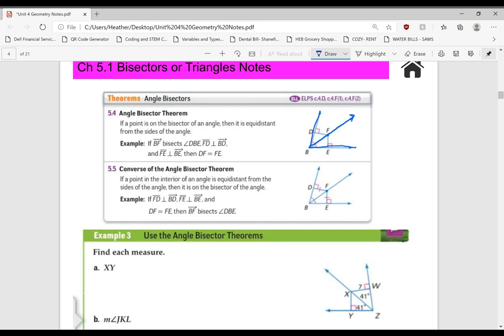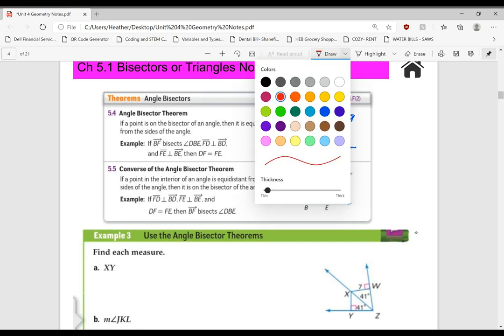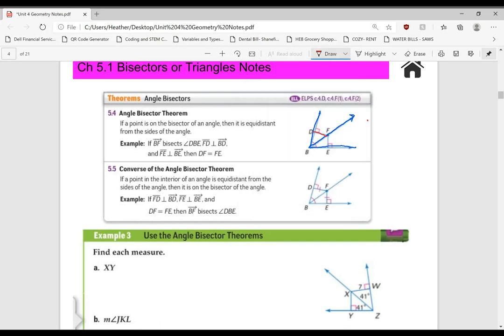This means that FD right here is perpendicular to BD right here, and FE here is perpendicular to BE. So by this logic, DF is equal to FE. So this is equal to this.